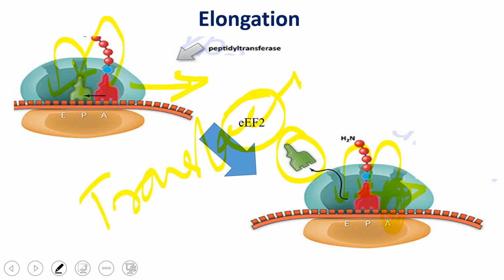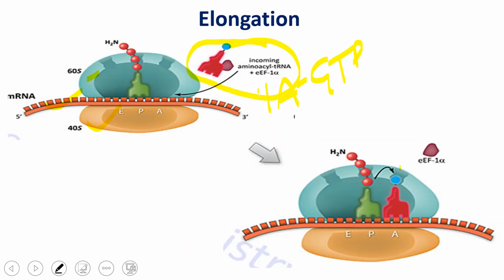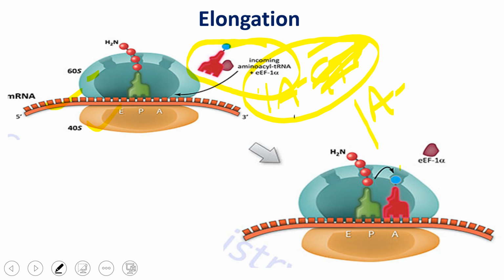So that has gone. Here also, as we have seen in the previous steps, we have used a factor with GTP, and this GTP will be hydrolyzed, so 1A becomes 1A GDP, meaning this is again inactive. For every new amino acid that comes along with the tRNA, we require a fresh 1A with GTP.